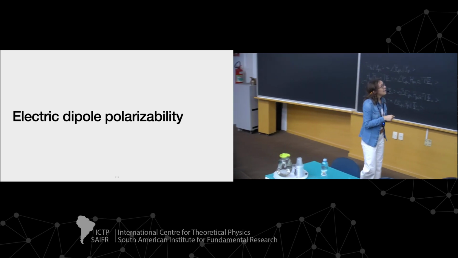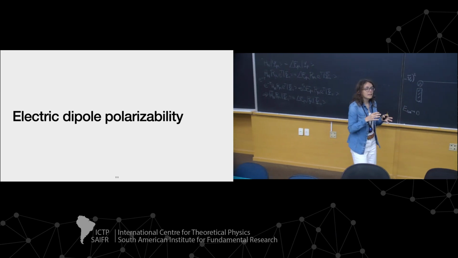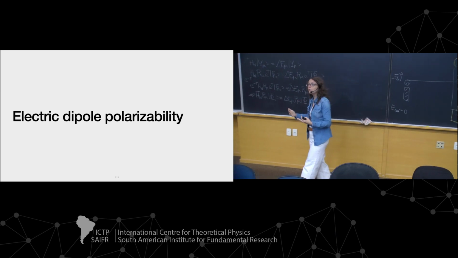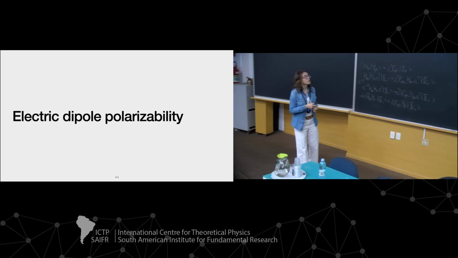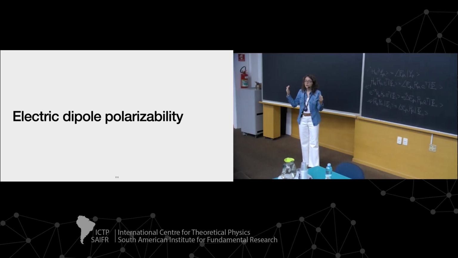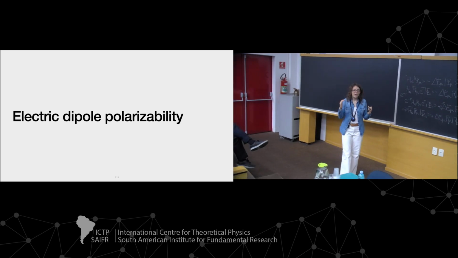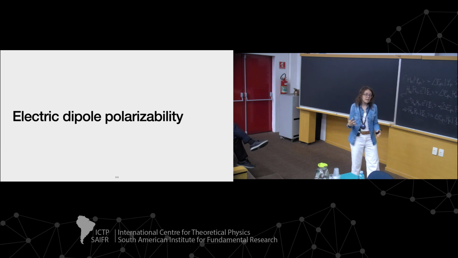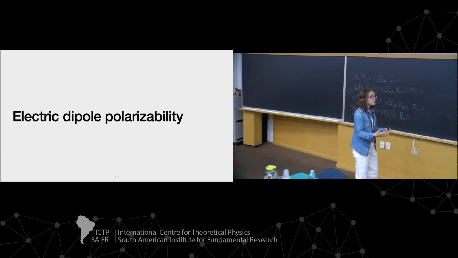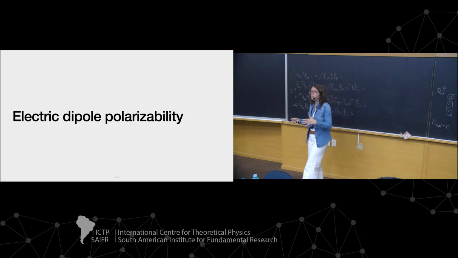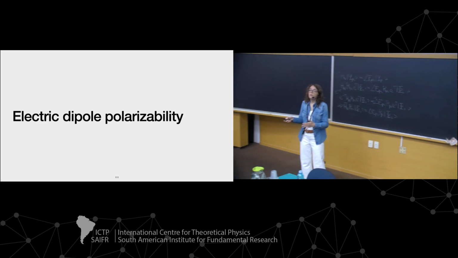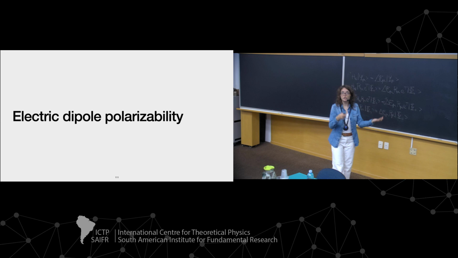So the electric dipole polarizability, as I explained at the beginning, depends on the nuclear response function. And the nuclear response function is characterized by the fact that we are basically looking at all the possible final states that the nucleus can reach via electromagnetic excitations. And so these states can be in the bound spectrum, but they can also be in the continuum spectrum.